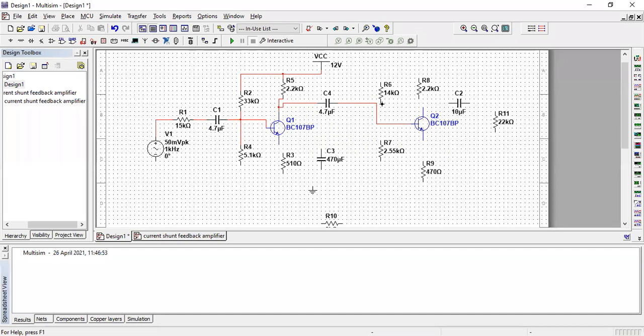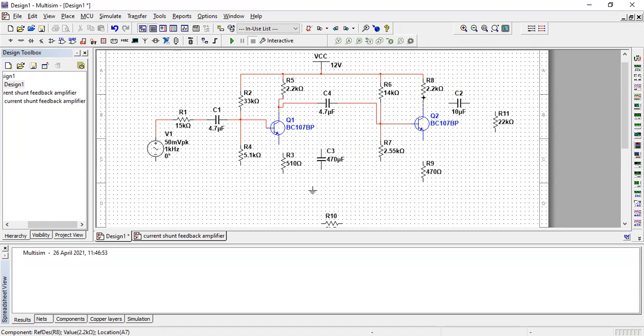So here the resistor must be connected, and here the resistor must be connected, and here all the resistors are connected to VCC. I'm connecting. Fine. This resistor is also connected to VCC. Now you should connect the resistor with what?